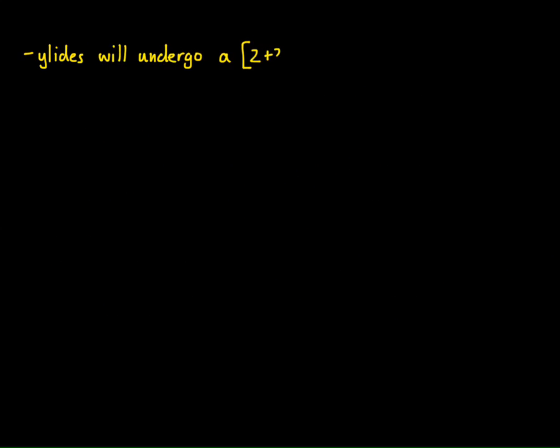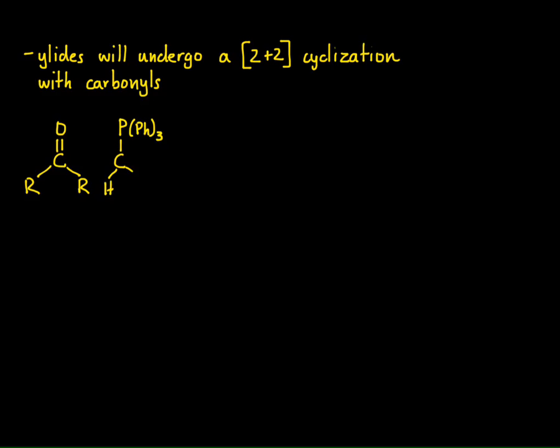So ylids undergo 2+2 cyclization reactions with carbonyl compounds. If I take an aldehyde or a ketone and I treat it with an ylid, and I'm drawing it this way to denote that pair of electrons on carbon.